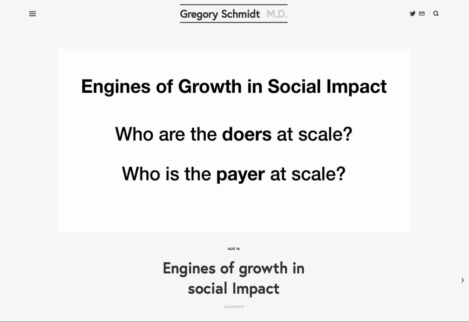And so these are the 8 engines of growth in social impact as outlined by Ann Mei Chang. The first is market-driven, and this approach works well at scale because the customer and the funder can be the same person. The second is voluntary contributions. So examples might be nonprofit crowdfunding sites that make it possible to scale voluntary contributions.